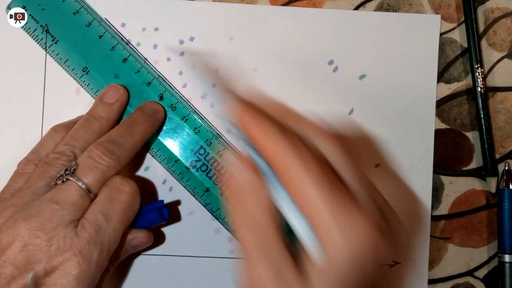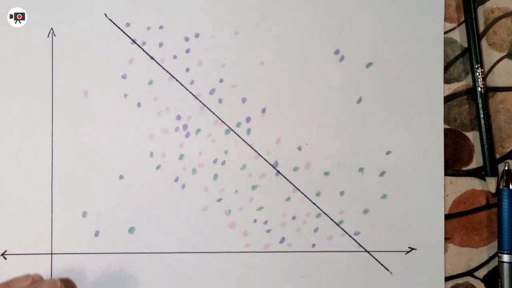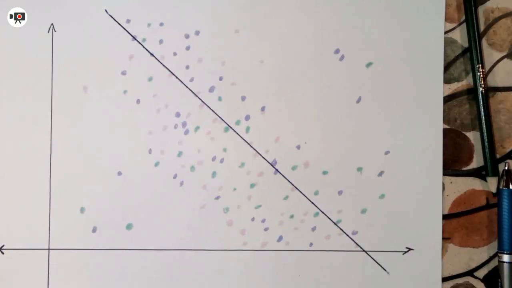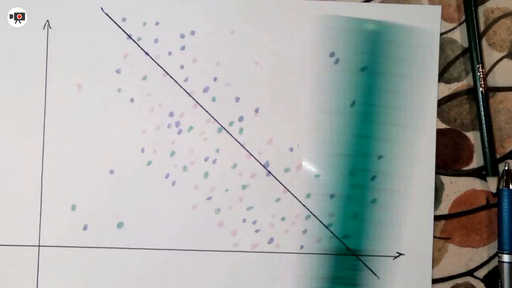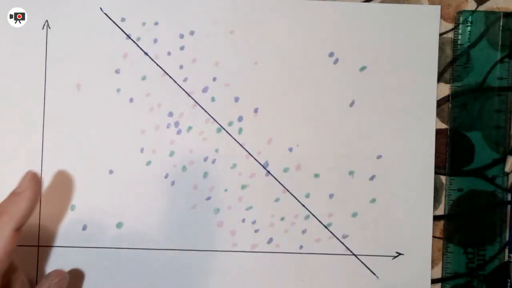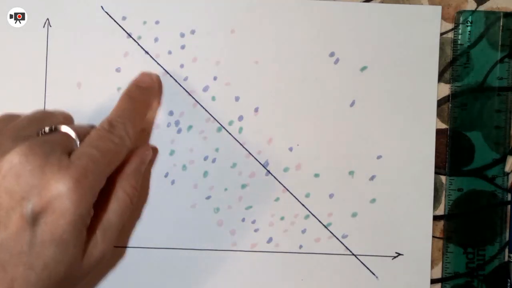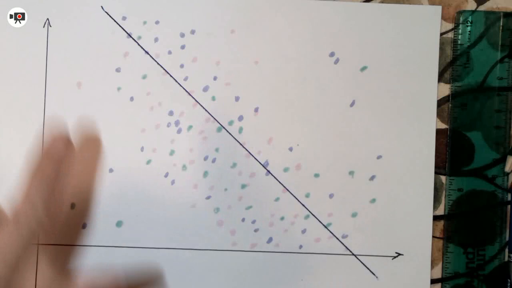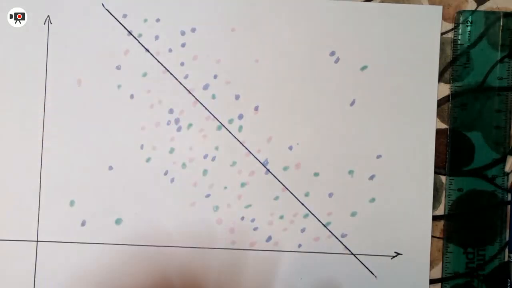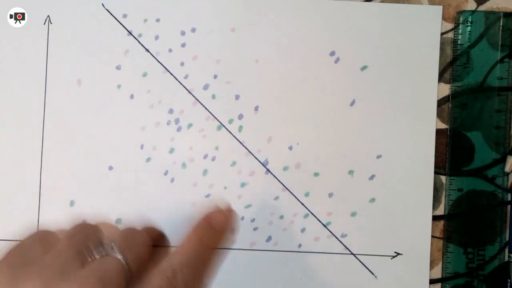Let me do a little stronger here. Okay? Again, I'll do the same thing. I'll find my slope. I will find, and again, notice, did I get one? Oh, hey, I actually got a couple that are right on it. It is not important at all that the points be on the line. The line is simply to show the trend. And when I did it again, I might have drawn that a little bit lower.